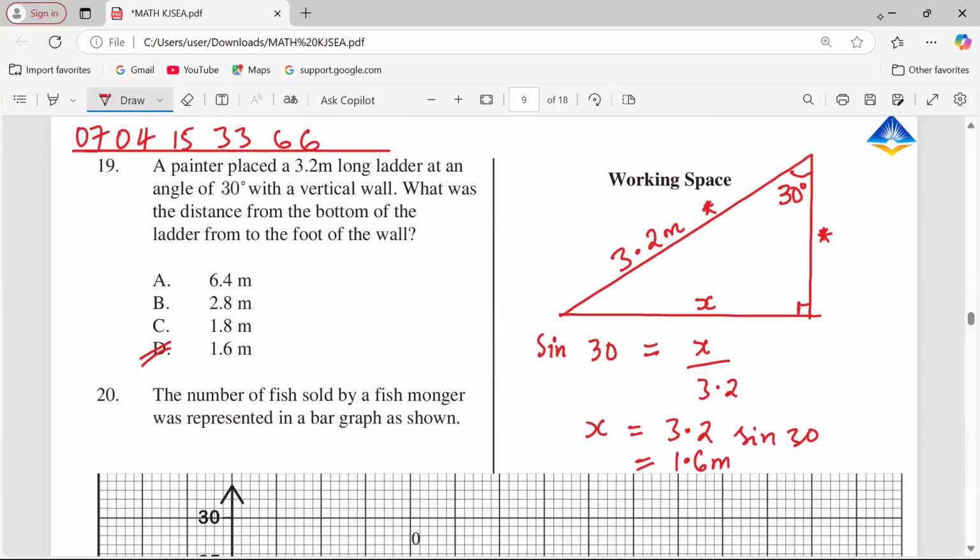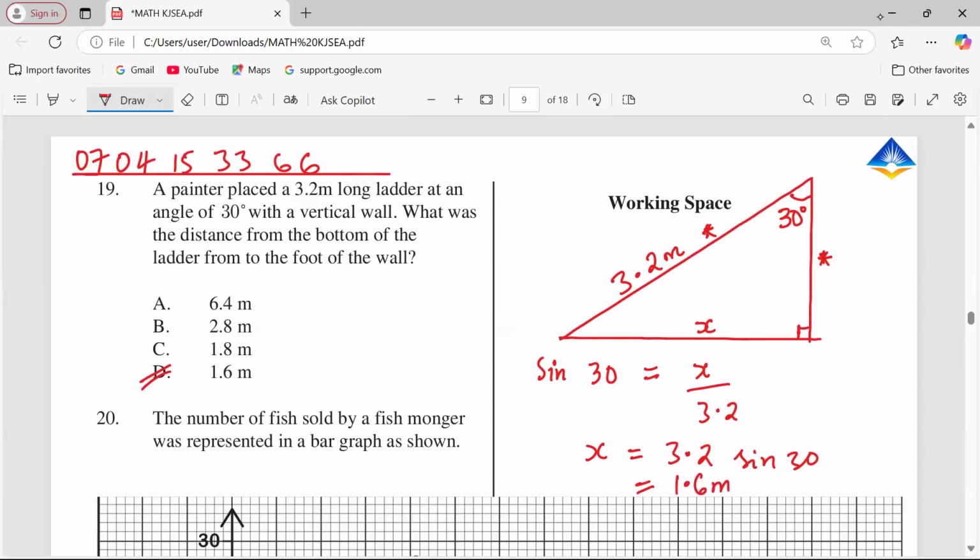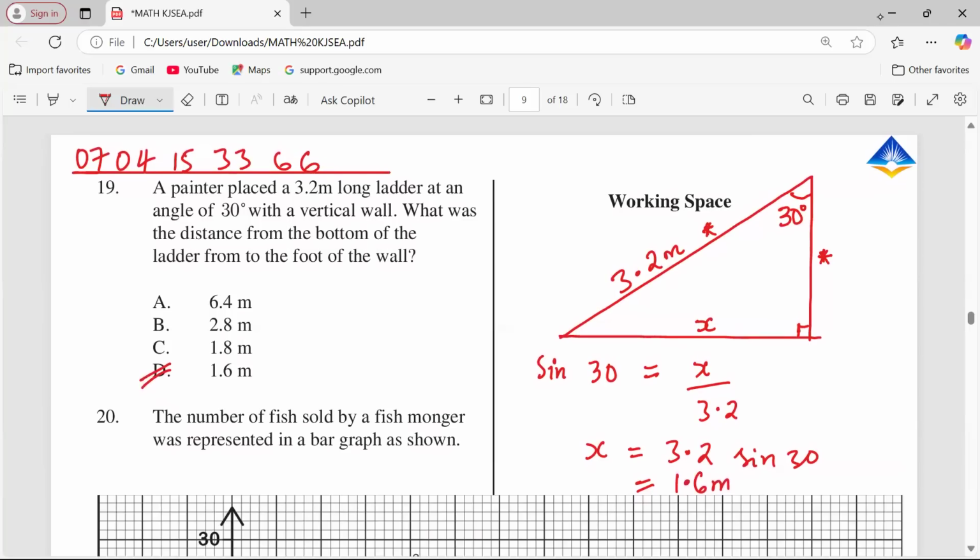It's good for you to learn that this kind of question can also be solved by what we call scale drawing. You can actually draw and measure.